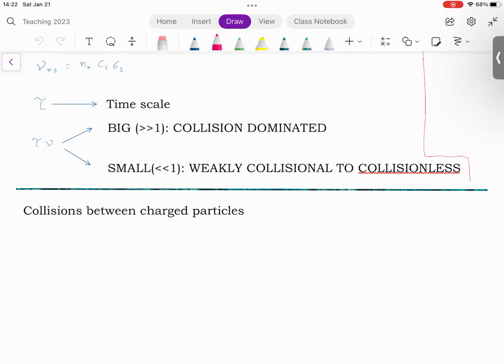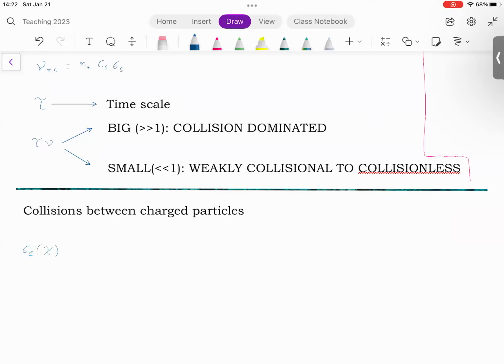And let's see what that means. That's usually indicated with, again, the usual letter sigma with a subscript C to indicate that these are Coulomb collisions.